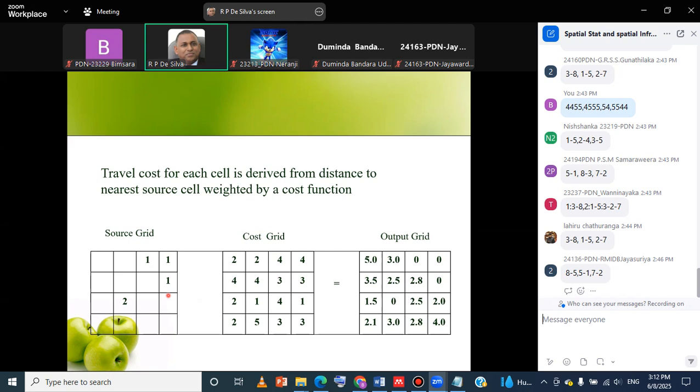If we want to construct a road from, say, point A to point B, two places, between that we need to construct a road. Now, what is the shortest path between A and B?